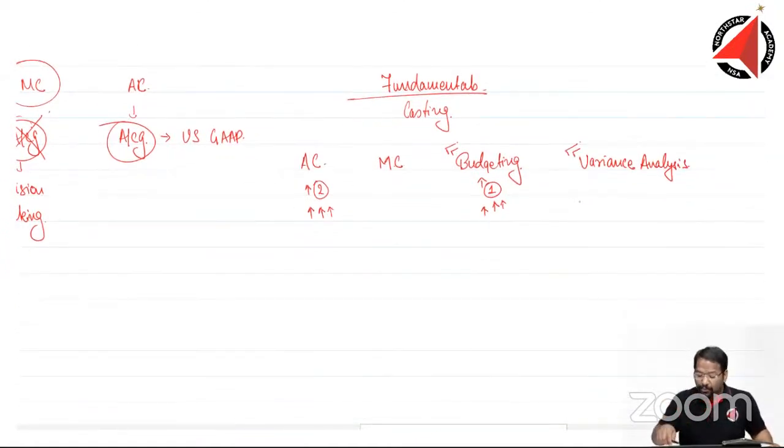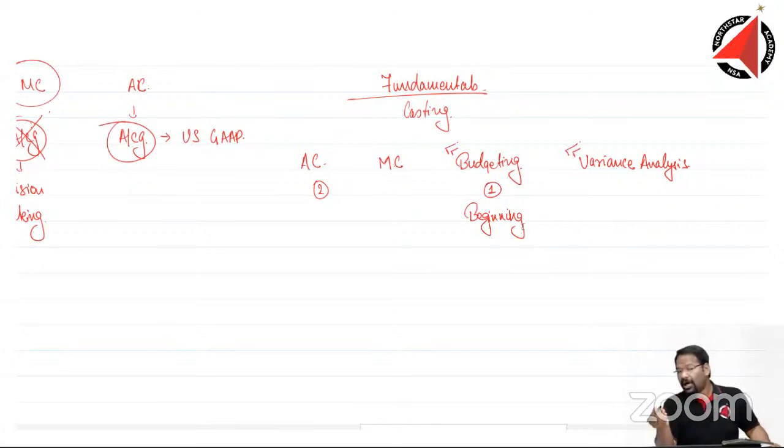Now understand, when do we do budgeting? Do we do budgeting at the beginning of the period or at the end of the period? So budgeting is done at the beginning of the period. Okay, fine. And the entire production cost, actual cost of production, actual results, actual output, when are you going to get all this information? At the beginning of the period or at the end of the period?